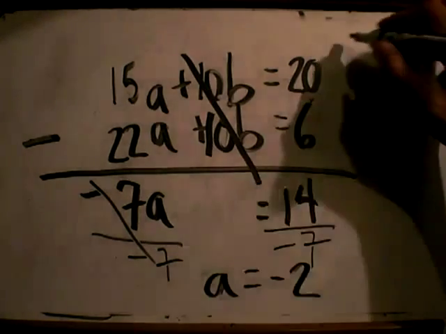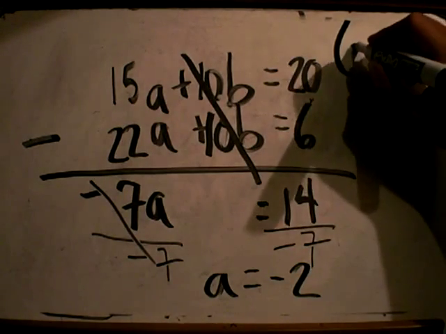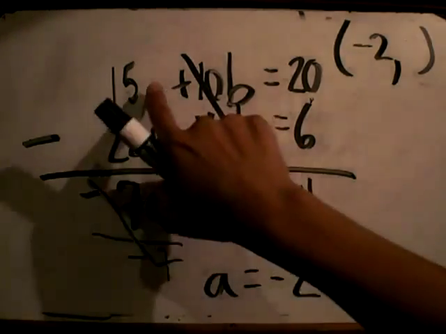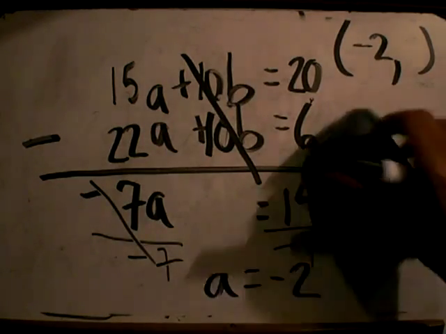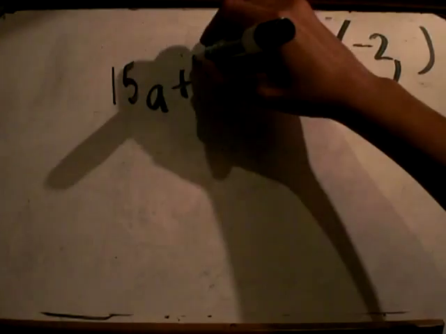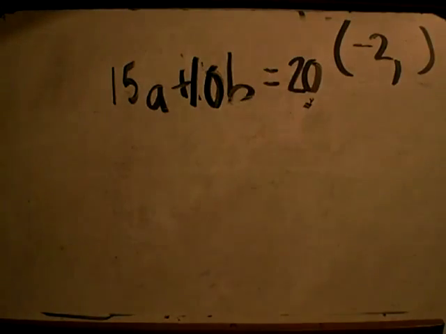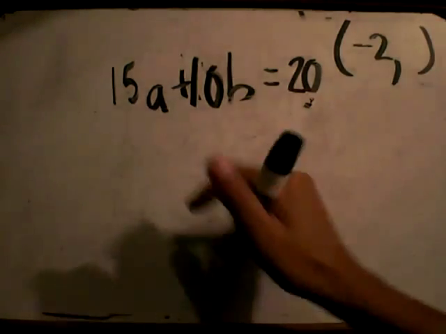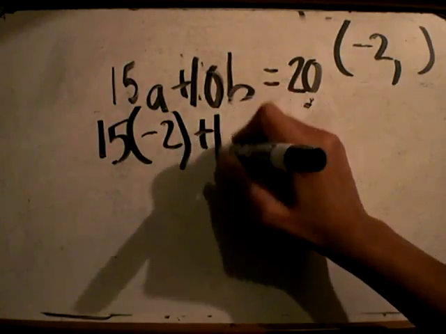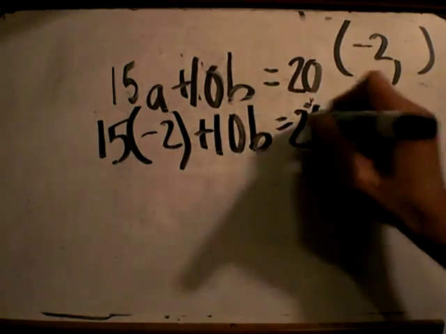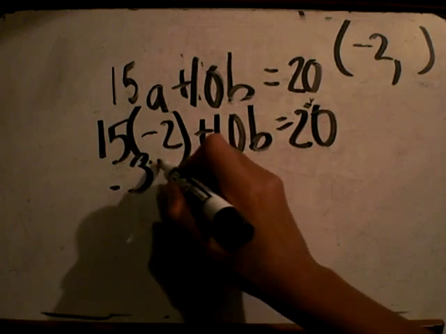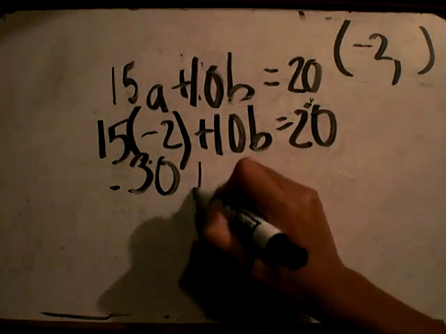We're not done yet. We know that a equals negative 2, but we still need our b. Like I said, you plug in a into one of these equations. I'm just going to use the first equation. So we have 15, plug in negative 2 for a, and bring everything else down. 15 times negative 2 is negative 30.